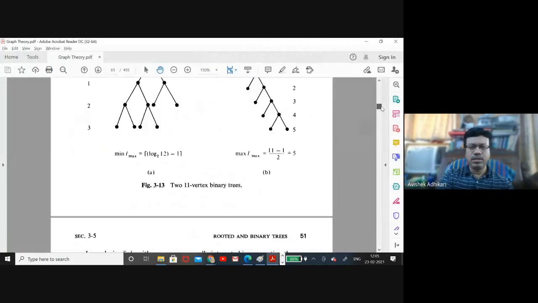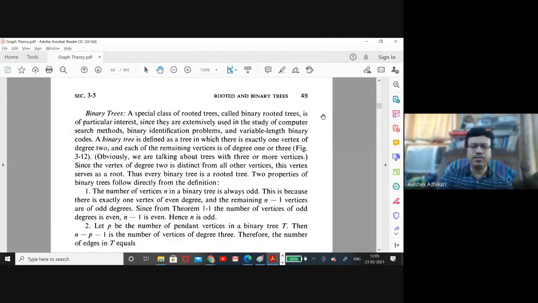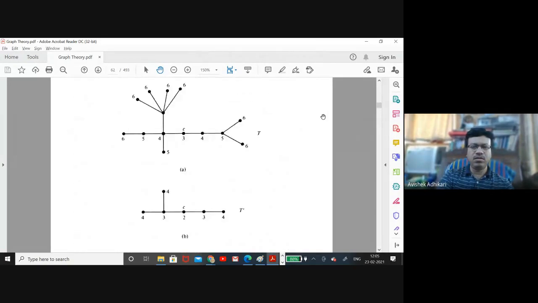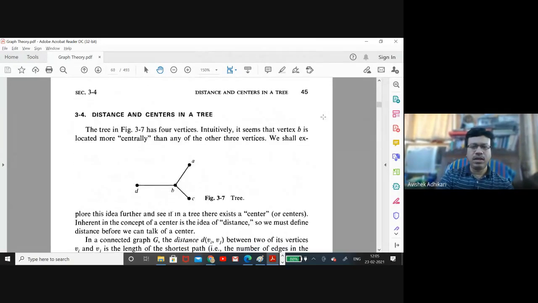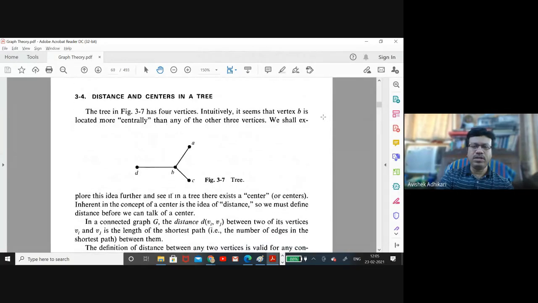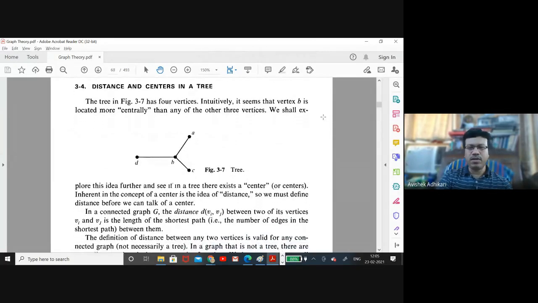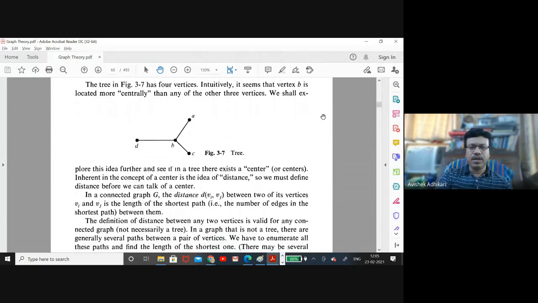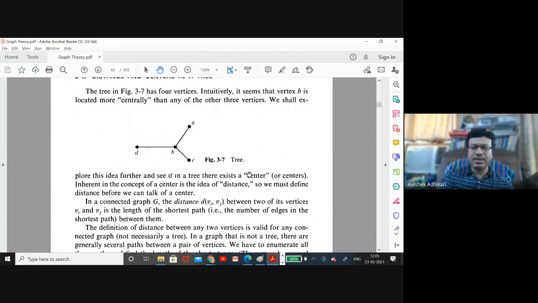So here is some relation between these trees and all. Now you can understand what we mean by the distance of a graph. Now there is a term called center. What do you mean by center? Let me just read from here. In this figure 2.3.7, four vertices are there.